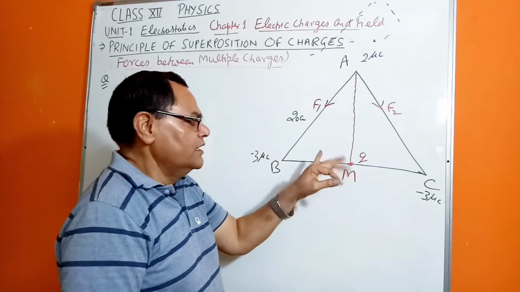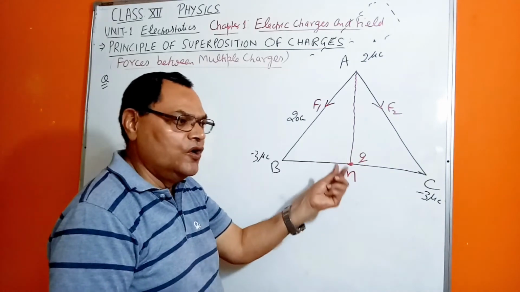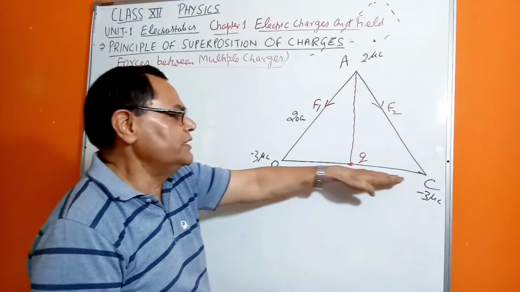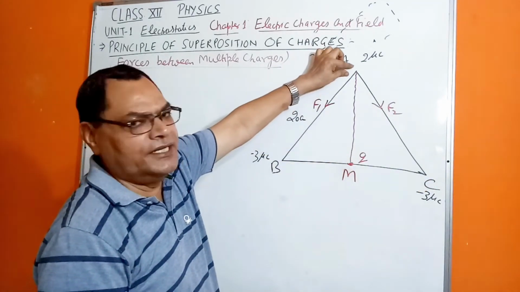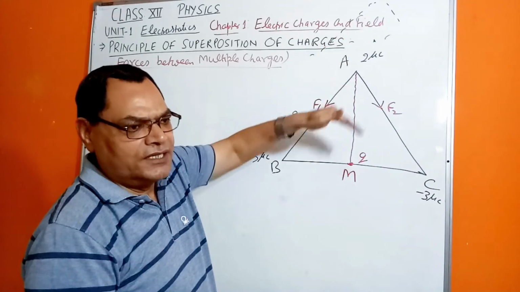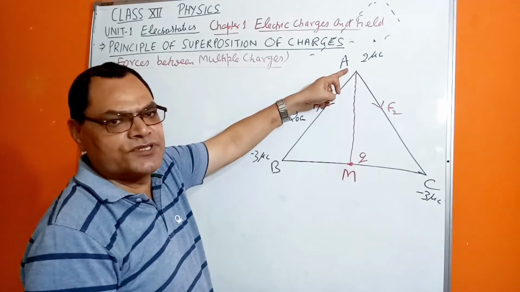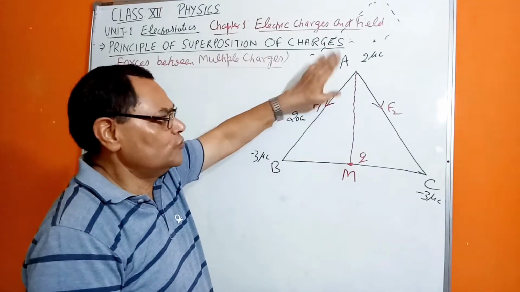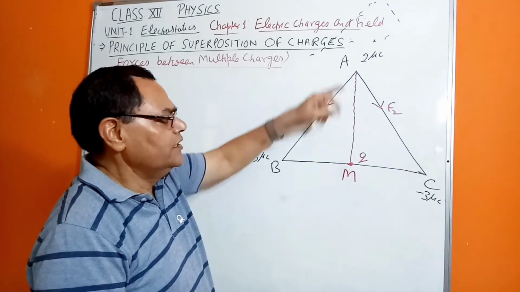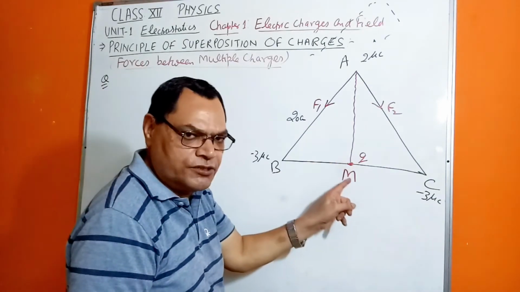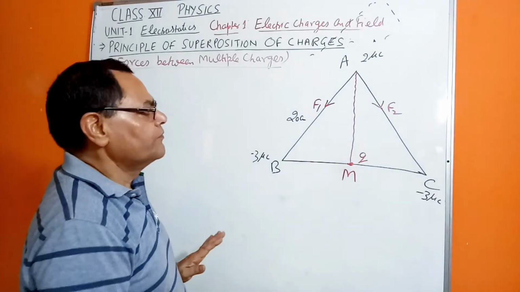Find the nature, sign and magnitude of a third charge which is to be placed at the midpoint of the line joining BC, so that the charge at point A should be in the equilibrium position, meaning the net force on it should be 0. So to make the charge at A be in an equilibrium state, we need to find out how much charge should be placed and what should be its nature. Is it positive or negative?